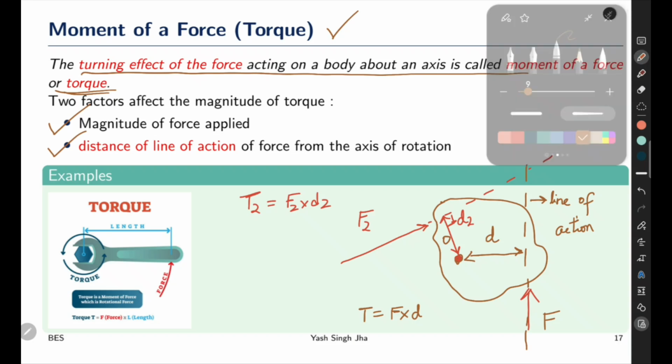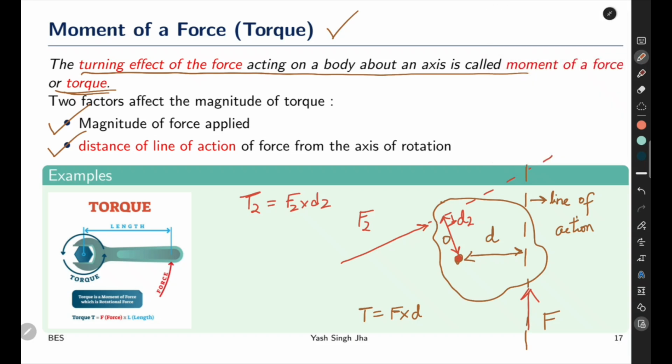In the case of the spanner, you can see here force is applied at the end and the length of the spanner is L. So the torque produced is the force applied F times the distance between the line of action and the axis of rotation.